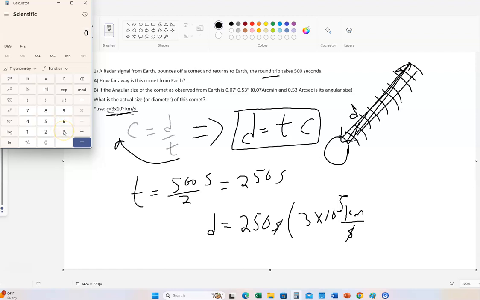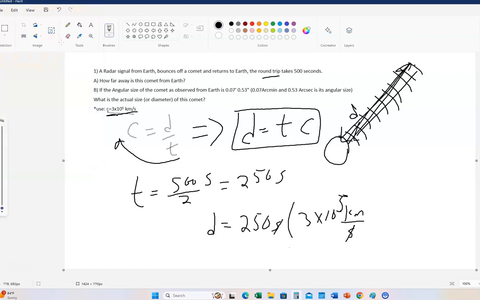So here we go: 3 EXP 5. That literally means 3 times 10 to the 5th. Sometimes I'll write that as 3E5, and that means the same thing. So just be aware of that.